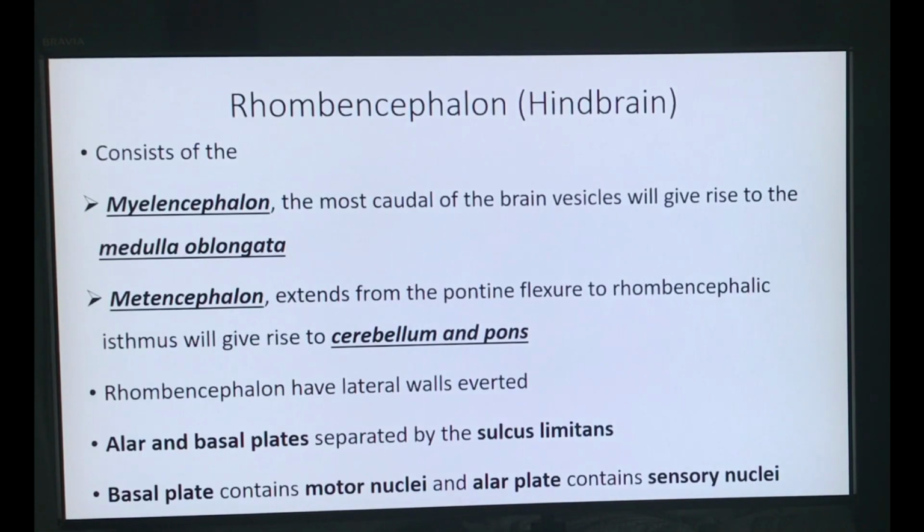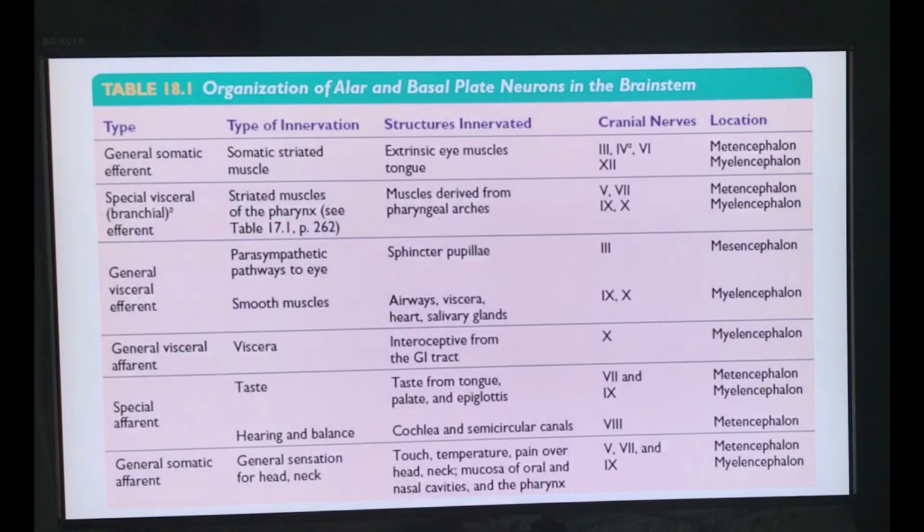Similarly, even in the brainstem, that is in the developing rhombencephalon, the two plates are separated by the sulcus limitans. The basal plate mainly contains the motor nuclei and the alar plate mainly has the sensory nuclei.